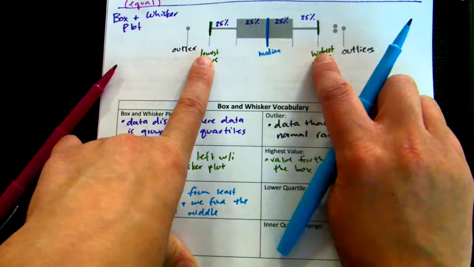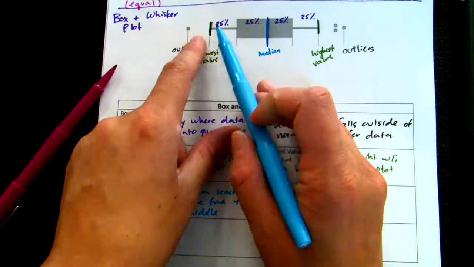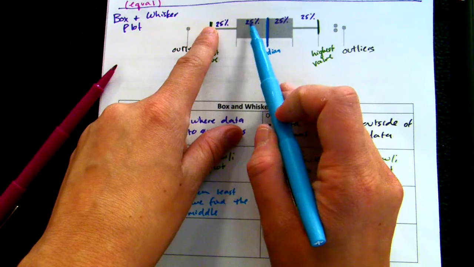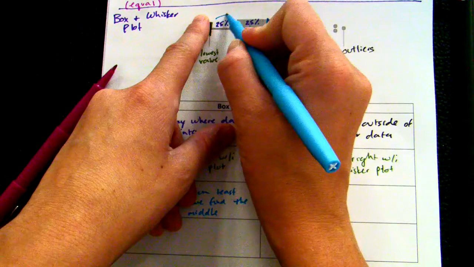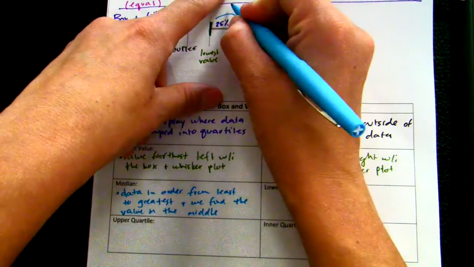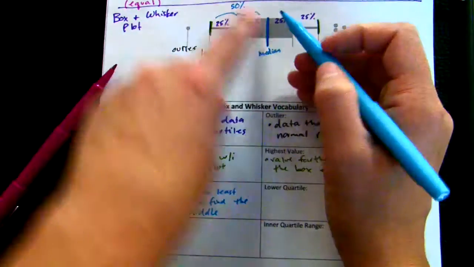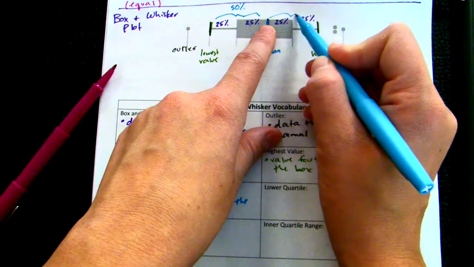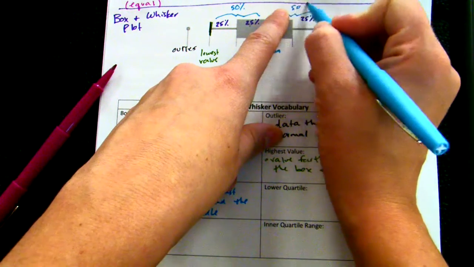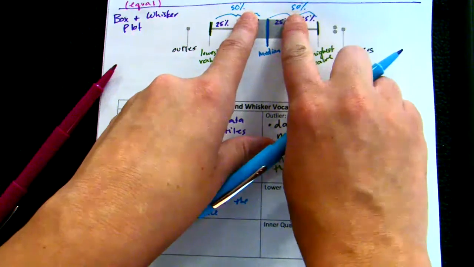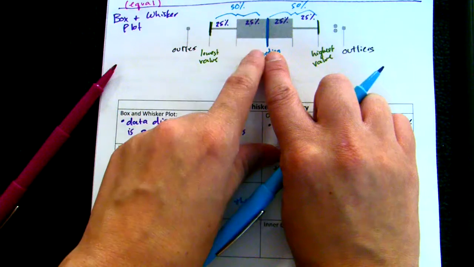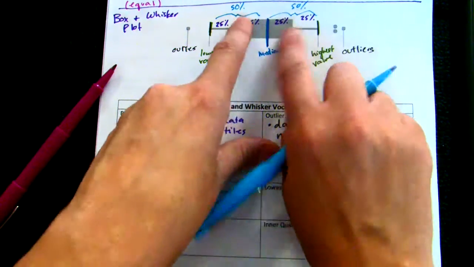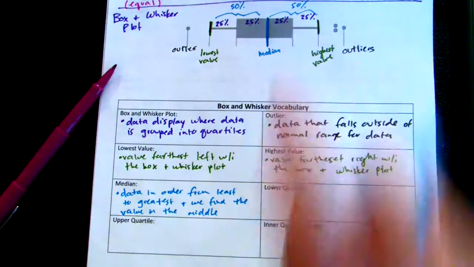Which makes sense because 25% of the data and 25% of the data to the left of the median, together, is 50% of the data. And on the other side, together, that's 50% of the data. 50 is a halfway mark, so if I've got 50% of the data left of the median and 50% right of the median, then I know the median's right in the middle.